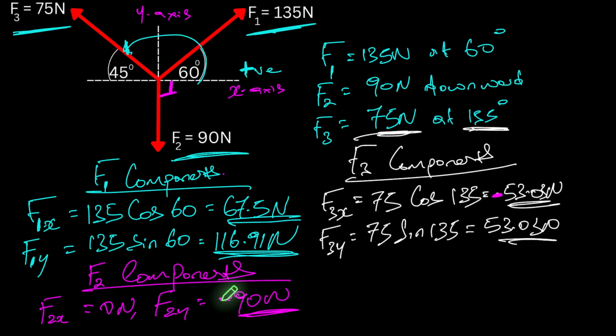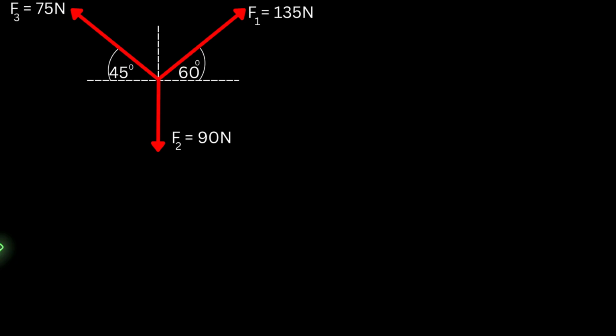That's what we're going to do next. If you need to pause and take a screenshot or write stuff down, do that now because I'm going to clear this bit. Okay, so these are the components, just in case you need to refer to them as I use them next.